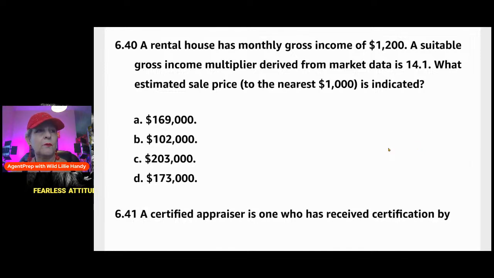Here we multiply the multiplier by the total. So 14.1 times 14,400, that's 1,200 times 12, will give us, rounded off, 203,000, C.